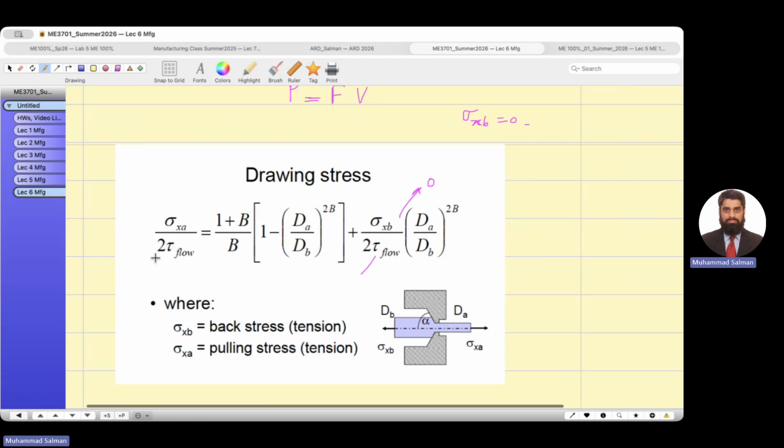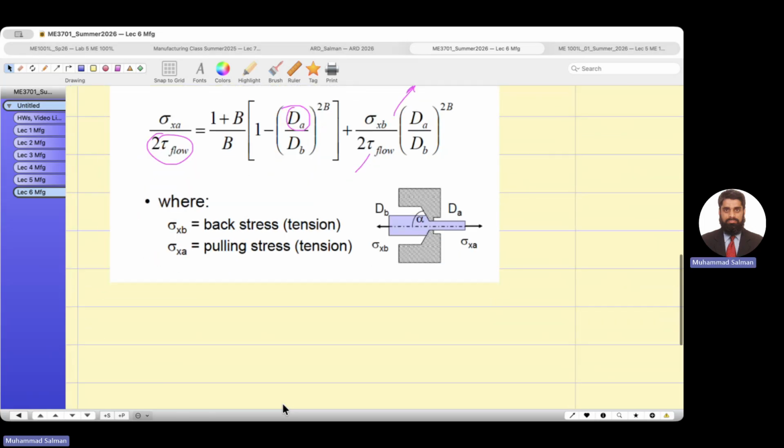And in order to find out this minimum diameter, we assume that 2 tau flow, what is this? This is the required stress according to the Tresca, that the shear stress should be equal to the average yielding stress, which is equal to this one.